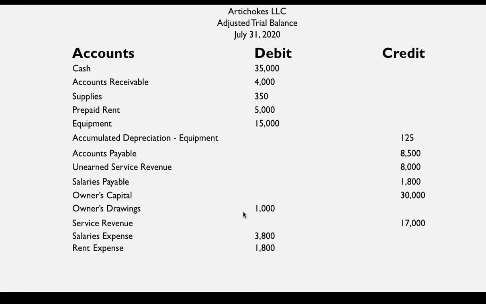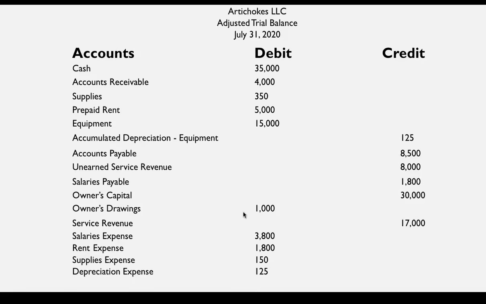So we had rent expense of $1,000. Supplies expense of $150. And depreciation expense of $125. So we've now listed out all of our accounts.